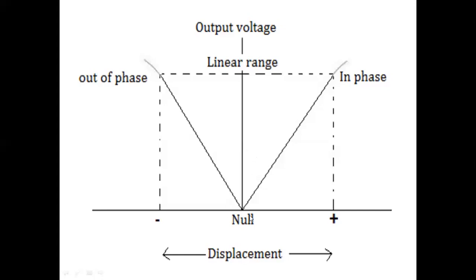If the core is on the left side, S1 is greater, E1 is greater than E2, and in that situation it gives a positive voltage.